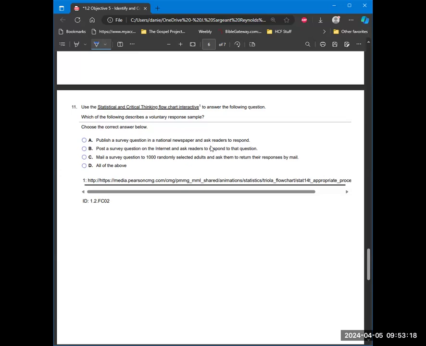And so your options are: publish a survey question in a national newspaper and ask readers to respond, post a survey question on the internet and ask readers to respond to that question, mail a survey question to 1,000 randomly selected adults and ask them to return their responses by mail. All of these are examples of a voluntary response sample.